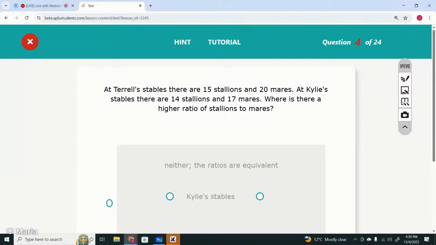At Tarrell's stables, there are 15 stallions and 20 mares. At Kelly's stables, there are 14 stallions and 17 mares. Where is there a higher ratio of mares? So which is the correct option?